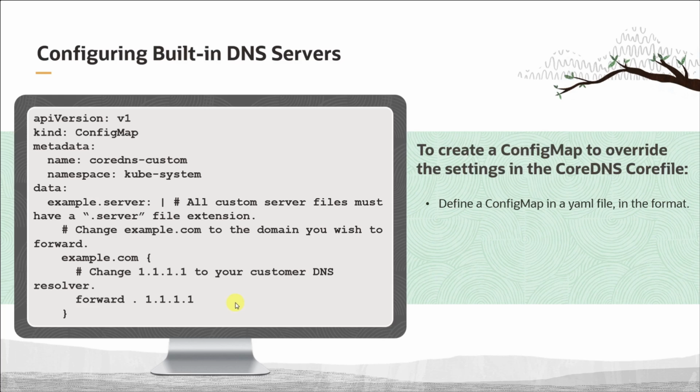Overall, this config map is creating a custom CoreDNS configuration by forwarding DNS queries for the specified domain to a custom DNS resolver.